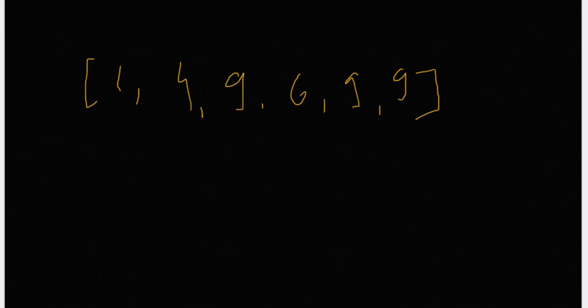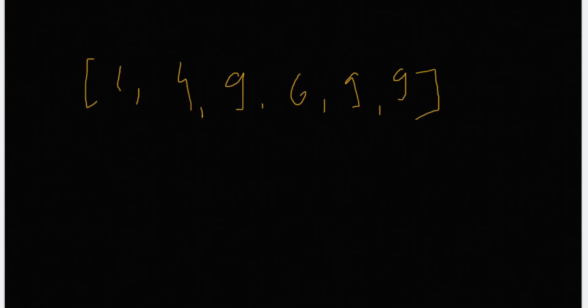In another case, I can also have a subarray like this. In this, I need to check what's my maximum element. I know 9 is my maximum element, and if I were to bitwise AND it with itself, then I'll have 9 only. So I know this is my maximum bitwise AND, but I need to find a subarray which has the maximum length.